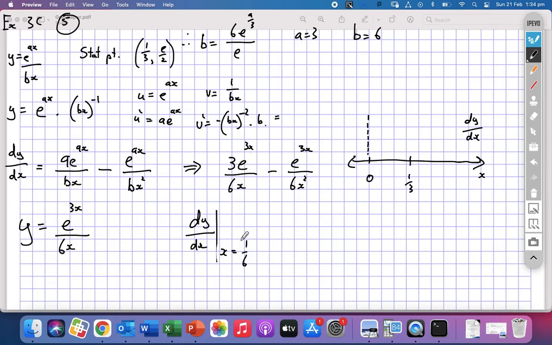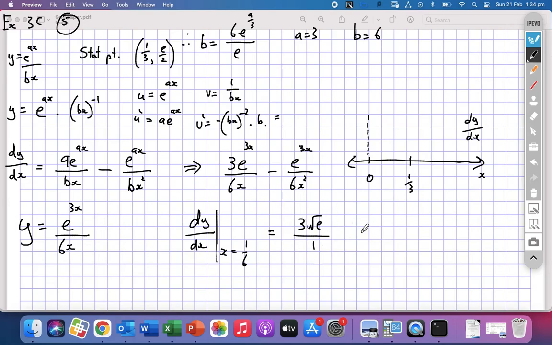If we put in a 1/6, because we just need to know if we're positive or negative, right? It would mean the derivative would be 3 e to the half, which is square root e. This is all just positive still, on 6 times a 6th, which is 1.